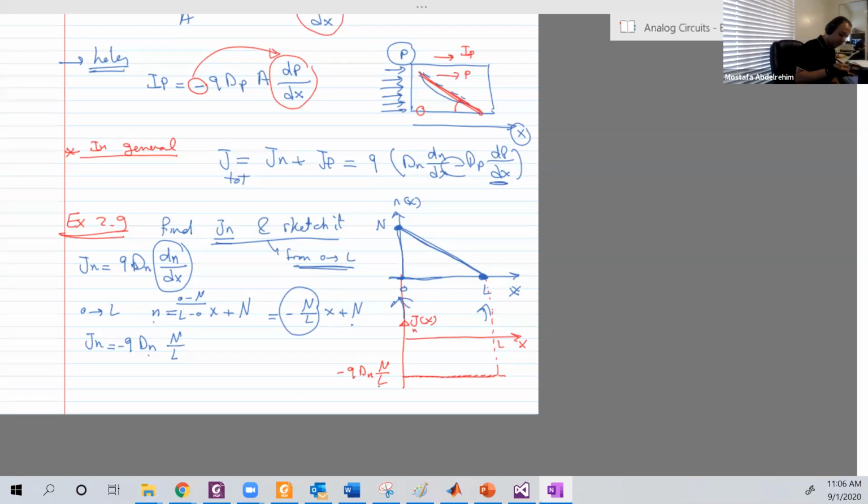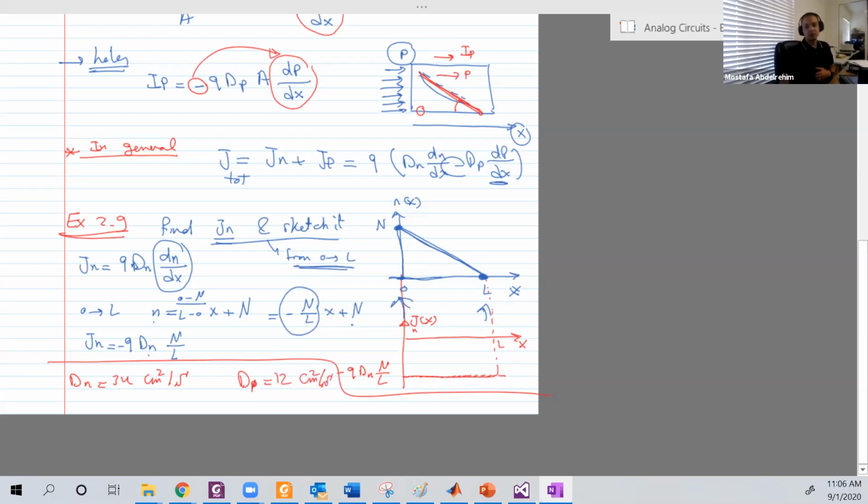So just one final note here about Dn. Dn for silicon is equal to 34 centimeter square per second, and watch out for the dimensions all the time. And Dp as usual is less than Dn, equal to 12 centimeter square per second.